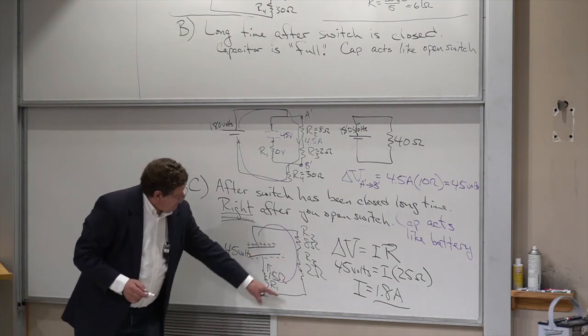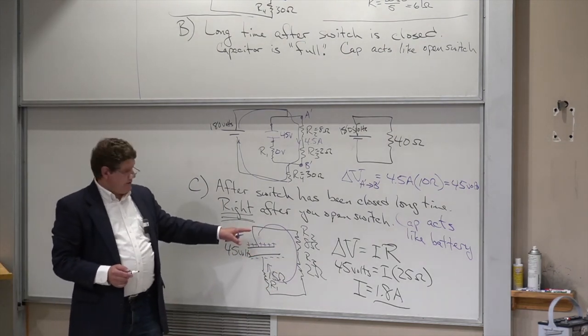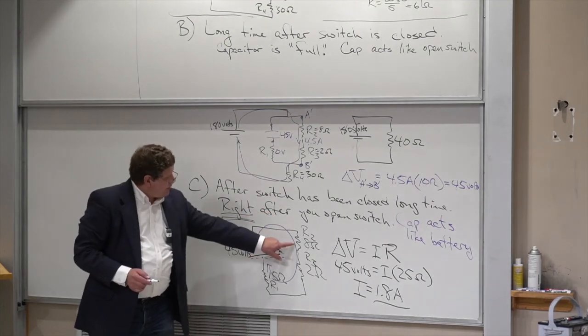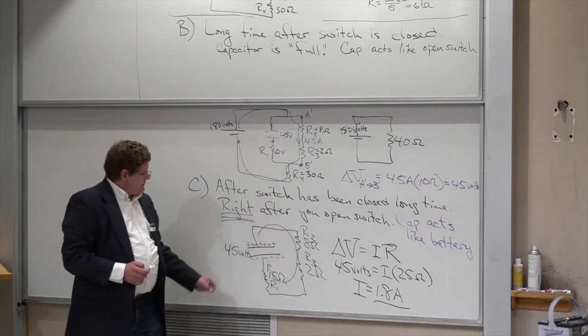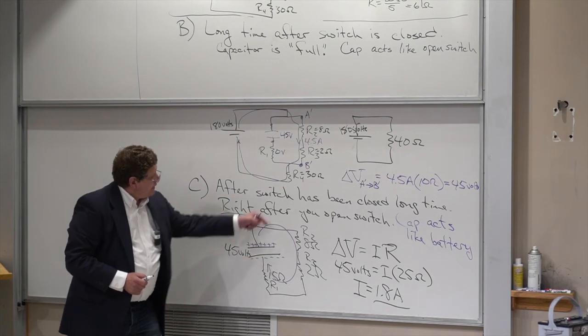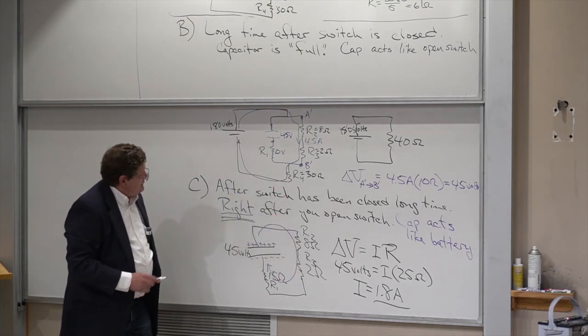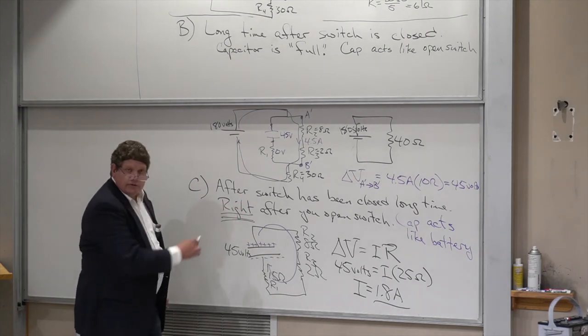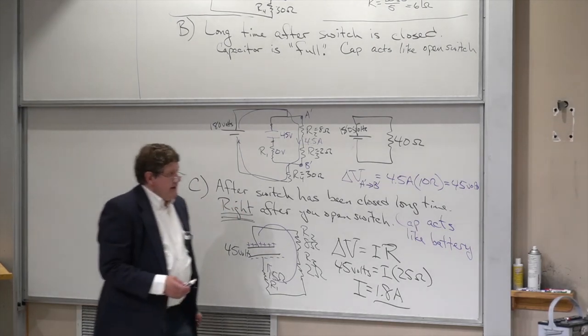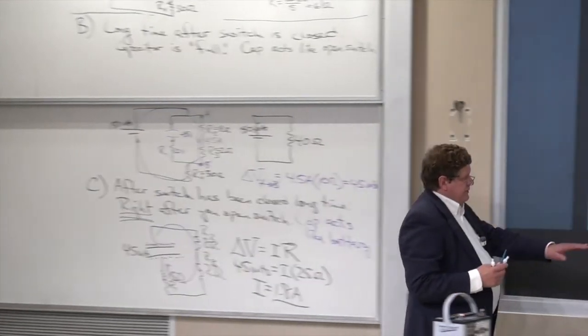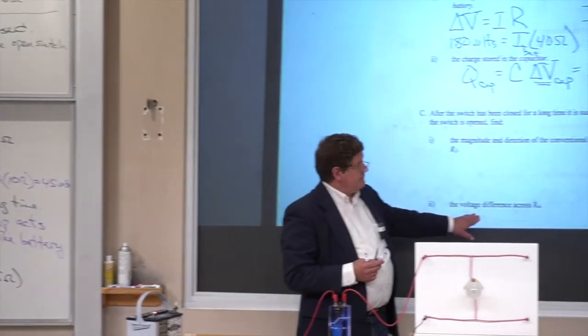So it's going to be 1.8 amps, whether I'm talking about through R1 or R2 or R3. It's just going to be going up through R1, down through R2, and down through R3, because it's running clockwise around that loop.